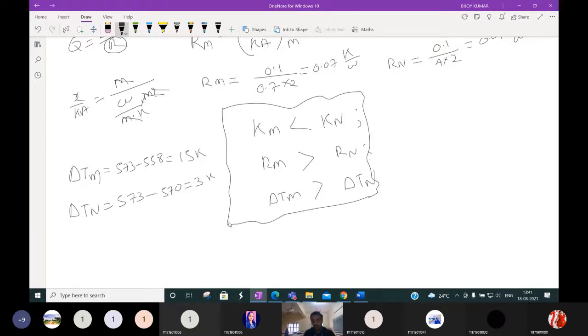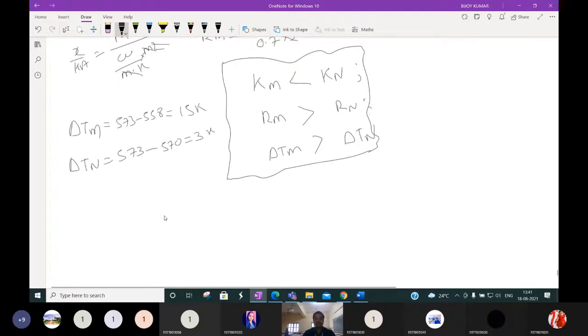So let me explain again about these things. Suppose a wall is there. We know that Q is equal to delta T by R, where R is resistance.